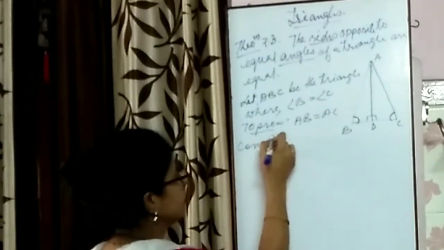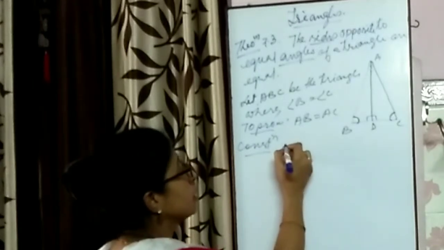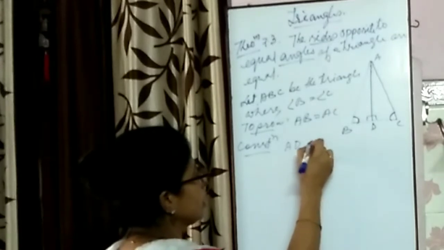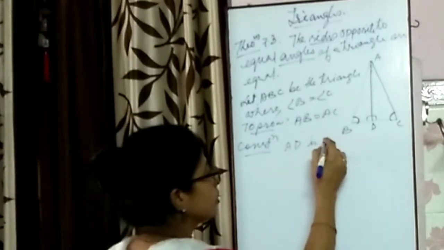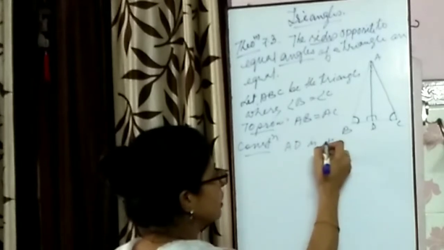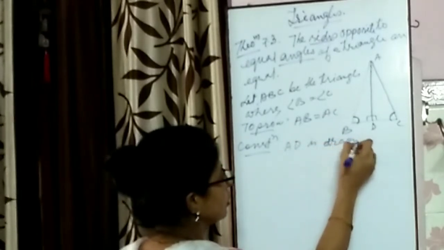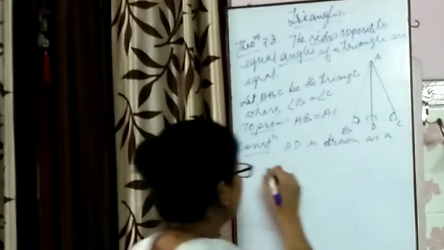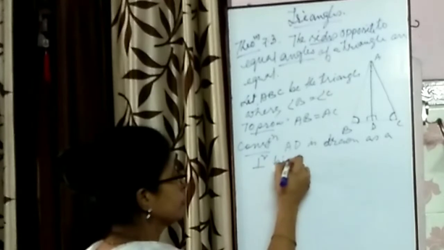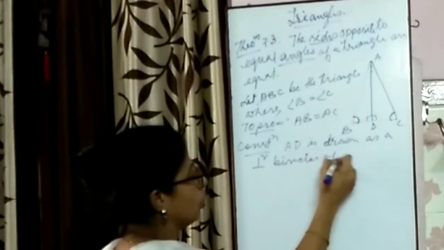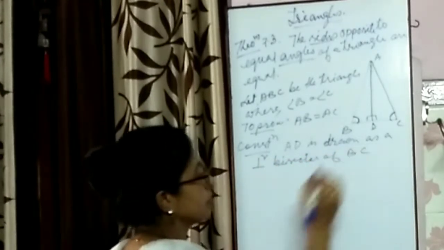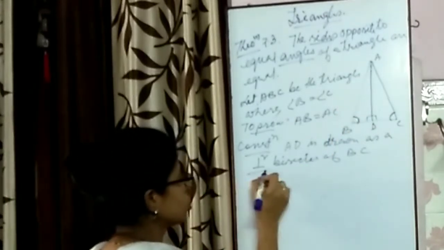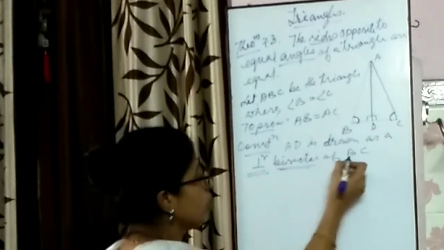Construction: AD is drawn as a perpendicular bisector of BC. AD is a perpendicular bisector of BC. This is the short form of perpendicular, and this is a bisector of BC.